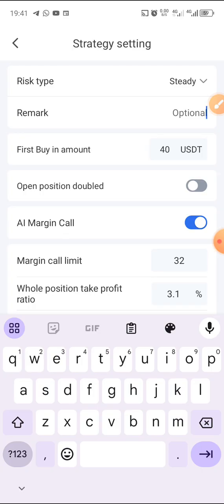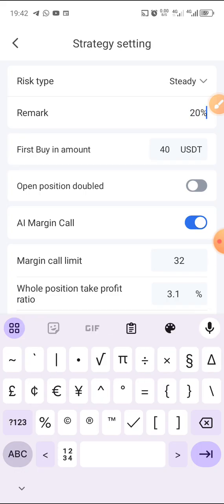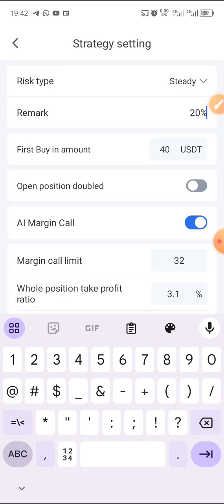So you call it the start small, win big. Or you can call it the 20% 80 of $200.